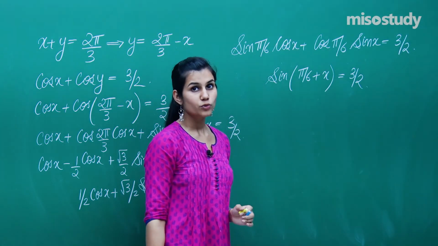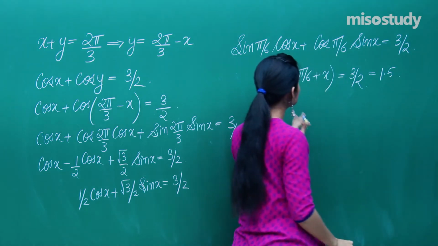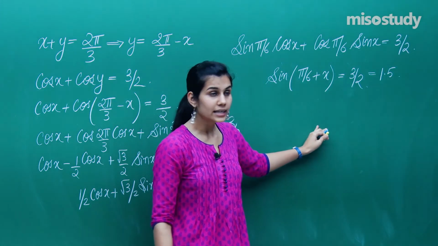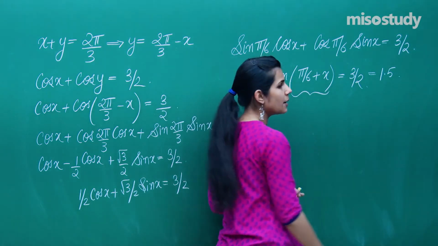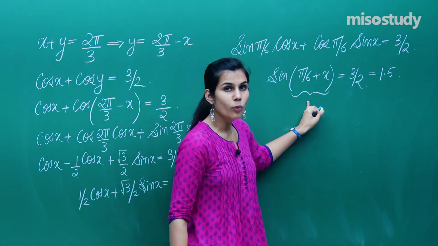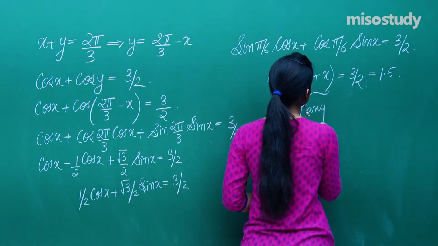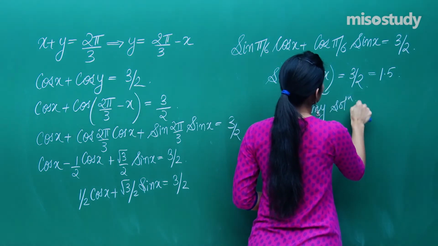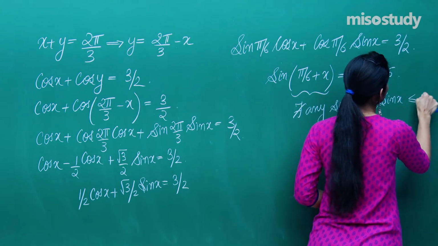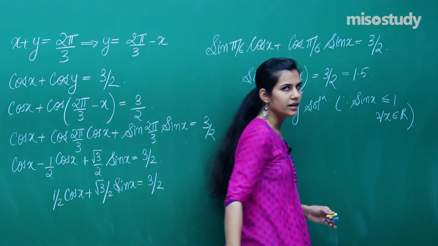And now comes the twist. 3 by 2 is 1.5, whereas sine of any angle is less than or equal to 1 for every angle. Whatever this real number is, sine of this real number can never exceed 1. That means there does not exist any solution since sin x is less than or equal to 1 for every real number x.